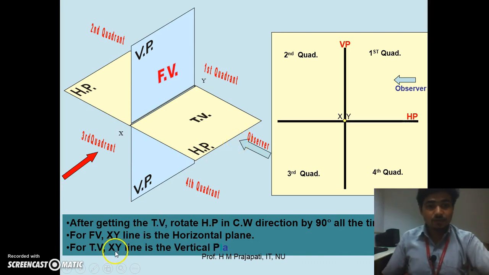In the same way, for the top view, the XY line is a vertical plane, because as the observer views from the top, the vertical plane overlaps on XY. So for the top view, the XY line works as the VP. These are the three concepts which are required for the projection system and to get the different views. This is all about the object when it is in the first quadrant.